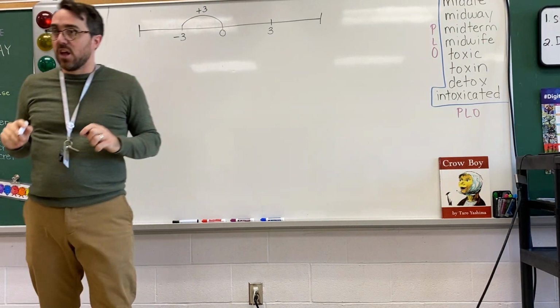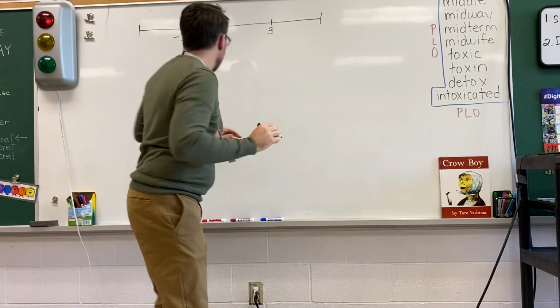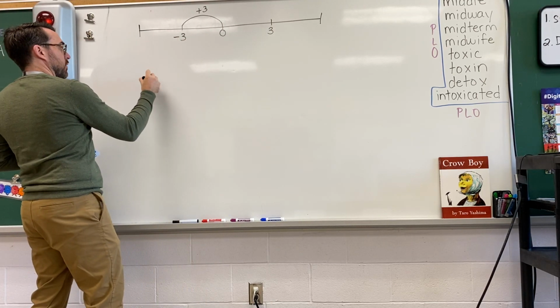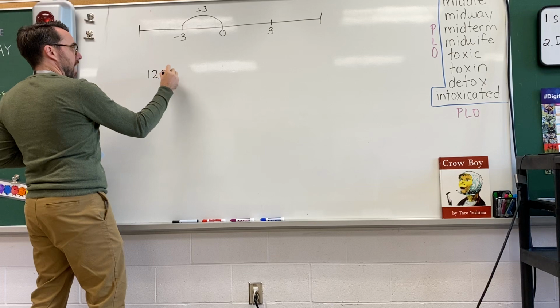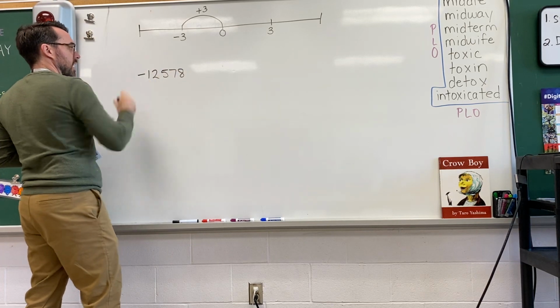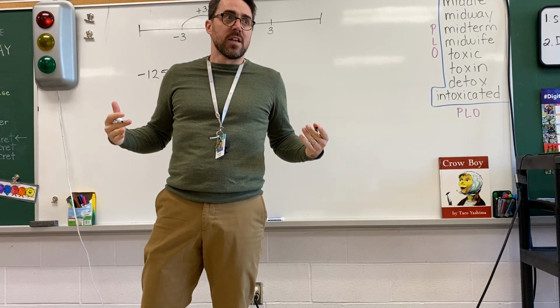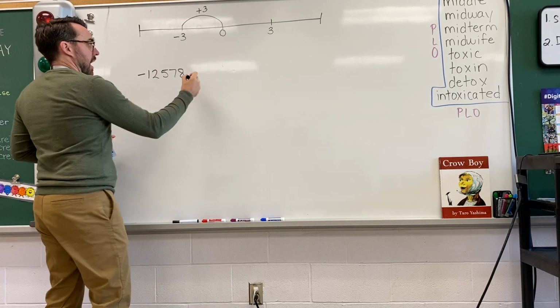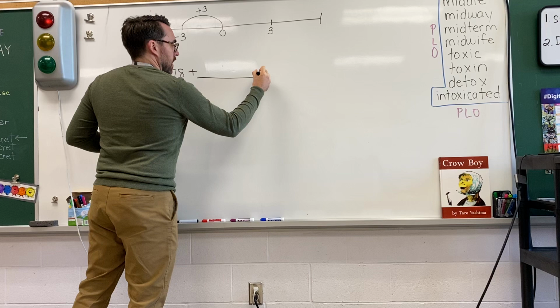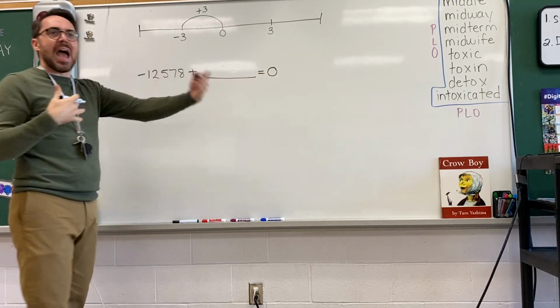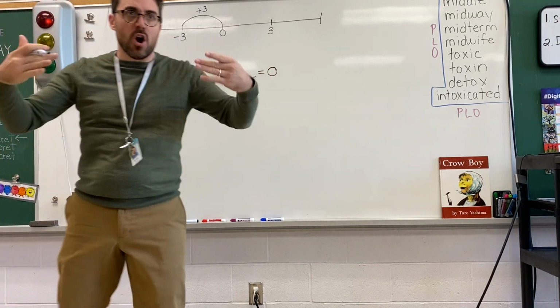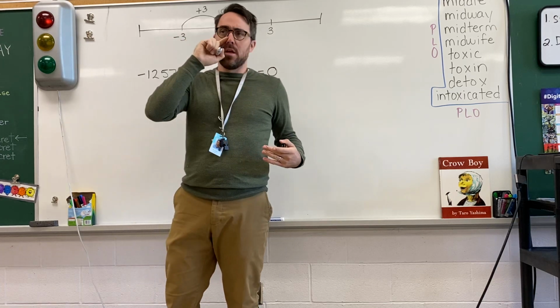All right. I'm really hurting, okay? Keegan steals 12,578 marbles from my marble collection, okay? How many marbles does he have to give me back to get back to owing me no marbles?